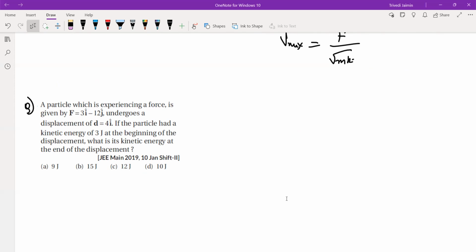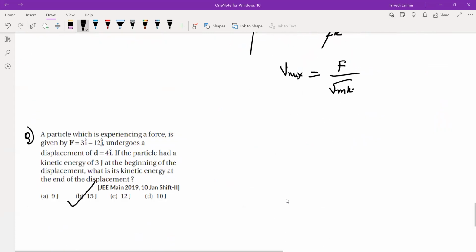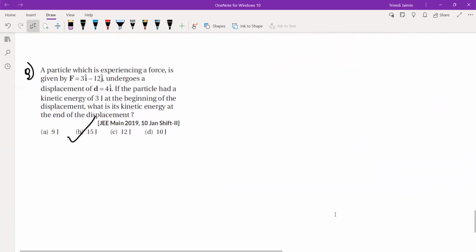So K final will be W plus K initial, so it is 3 plus 12, 15. So the answer should be 15. Where is my pen? Yeah, here. In this one, yeah, we ticked. Clear? Easy? Okay then, let's stop sharing.